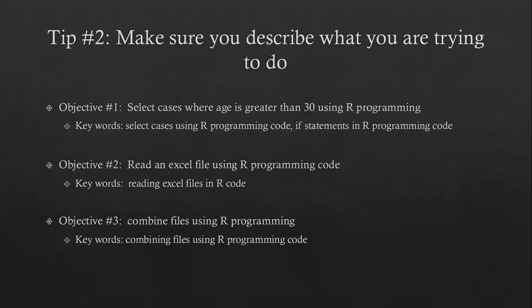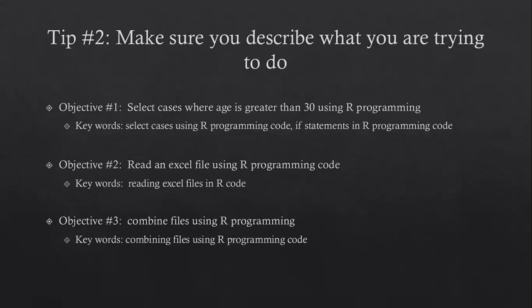Objective 2. If you were looking at, say, reading Excel file into R programming code, you could say just that, and it should pull up some examples. Objective 3, combine files using R programming.